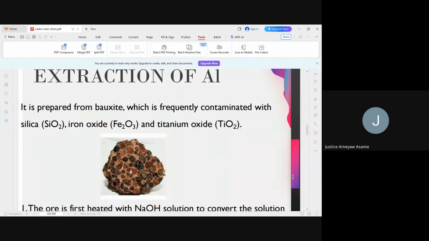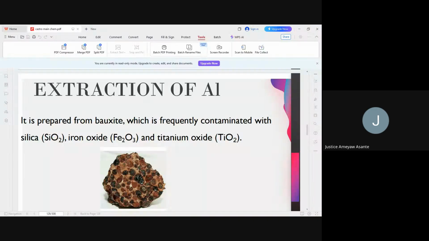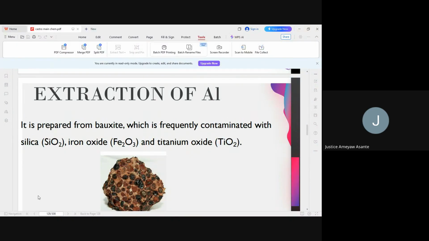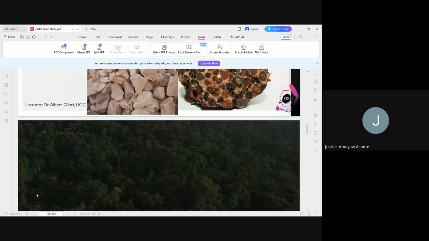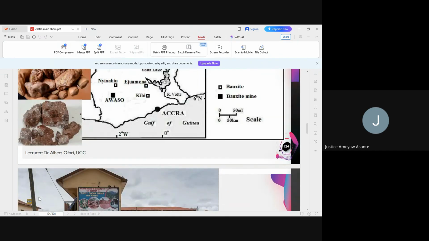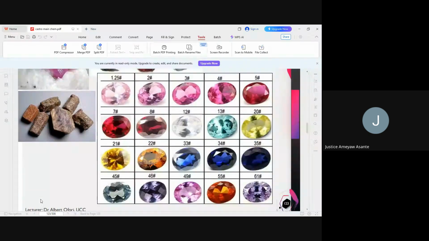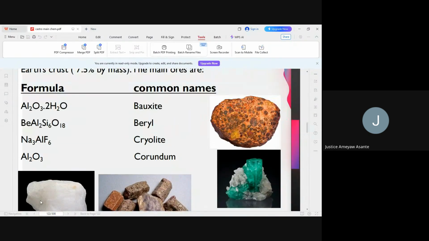So let's come back to this place. Our bauxite contains the aluminum oxide. Look at how the aluminum oxide is here. So this is what we call the bauxite.